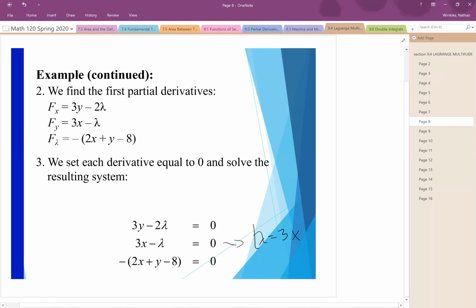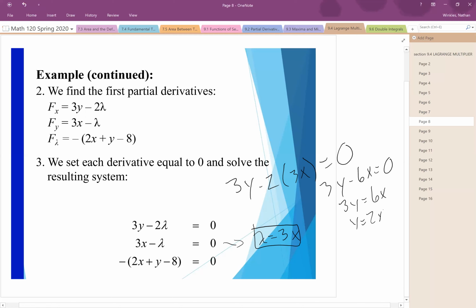So let's take this lambda and plug it into the first one. So we get 3y minus 2 times 3x equals 0, or 3y minus 6x equals 0, 3y equals 6x, y equals 2x.